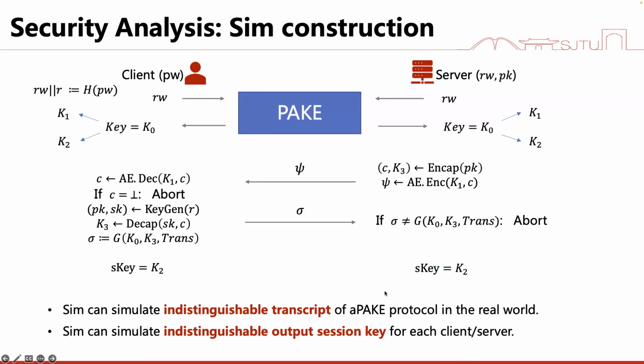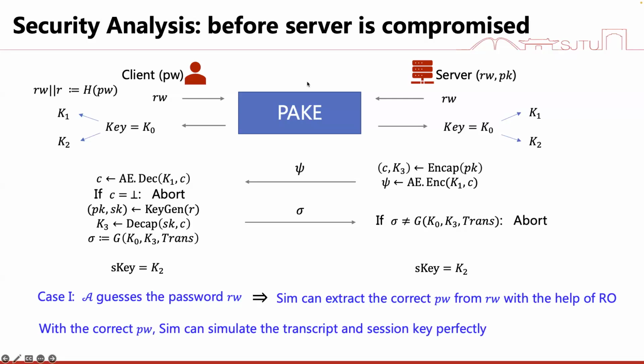And now I will give a brief security analysis. Recall that our goal is to construct a simulator such that it can simulate an indistinguishable transcript and session key without the knowledge of the password. We first assume the server has not been compromised yet. And since the underlying PAKE has UC security, we can just consider the online password guessing attack on it.